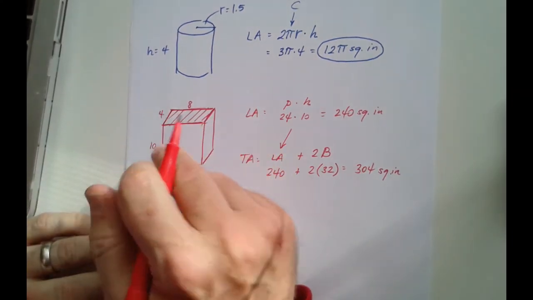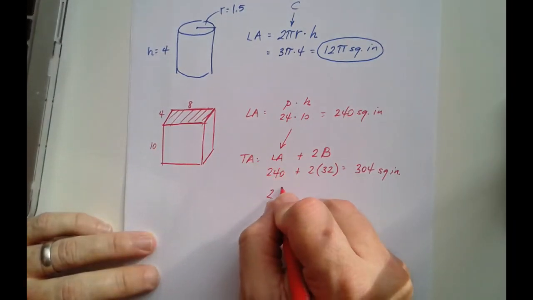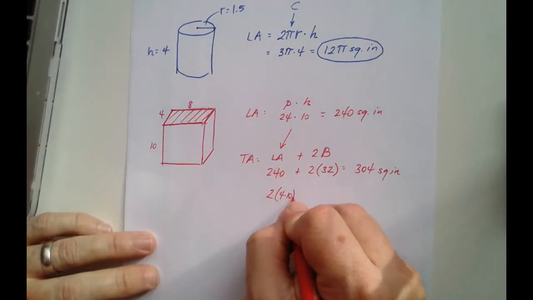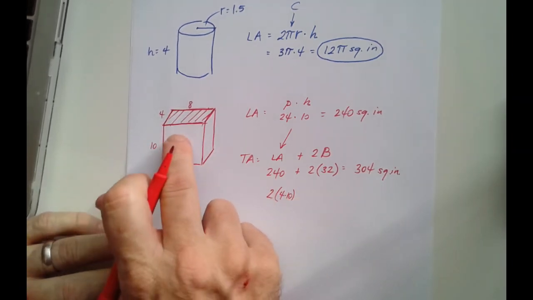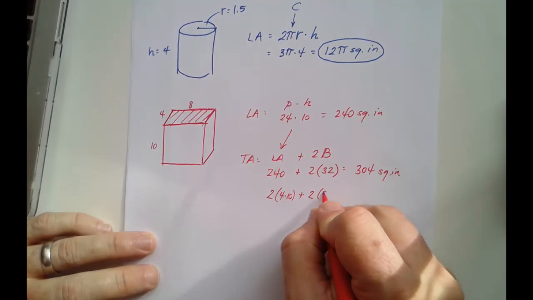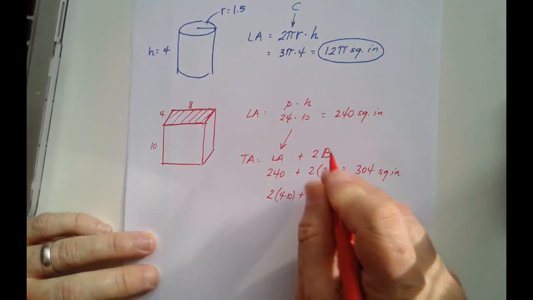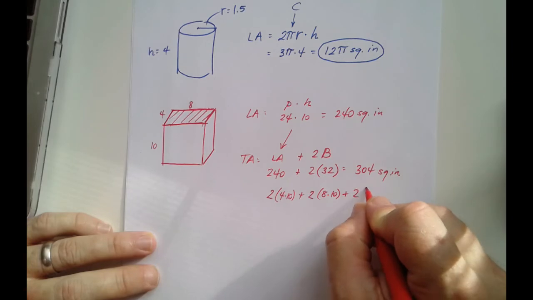Now remember, in the formula sheet they had kind of a shortcut for this, and that was 2 sides, which would be 4 times 10. So 2 of these. 2 of these, let's see, I'll do the fronts here. This is an 8 by 10, so 2 of these. And then again the 2 bases, which were 8 times 4. So this is the same thing.